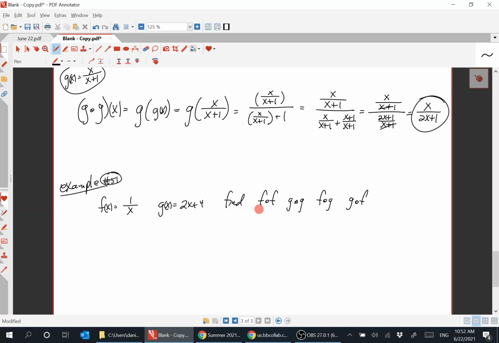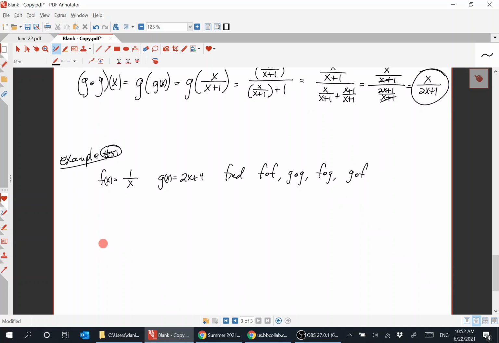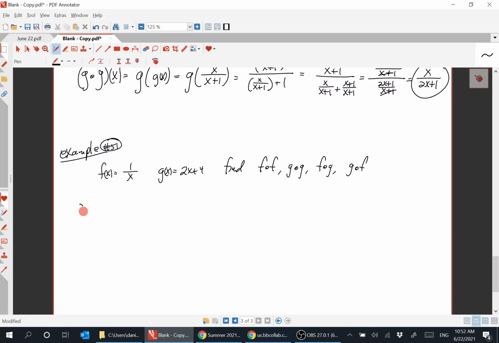Okay, well, this one's going to be a lot easier than the one we just did because there's no algebra really to do afterwards. But f following g of x is f of g of x. Now, by the way, you don't have to evaluate the thing inside first. You can evaluate the thing on the outside first.